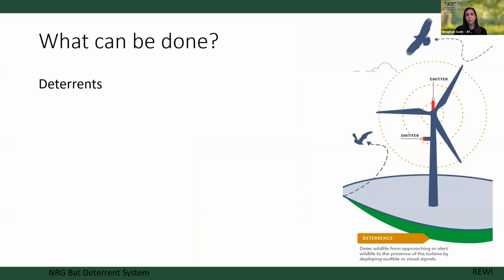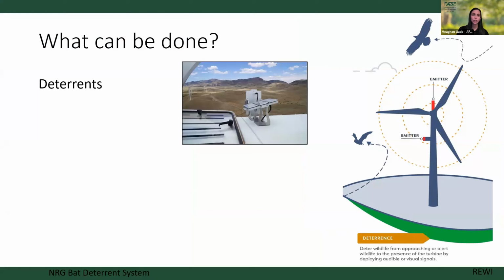The first things that have been developed are called deterrents, and deterrents are essentially a device attached to a wind turbine that emits a really loud or obnoxious sound that birds and bats don't like.